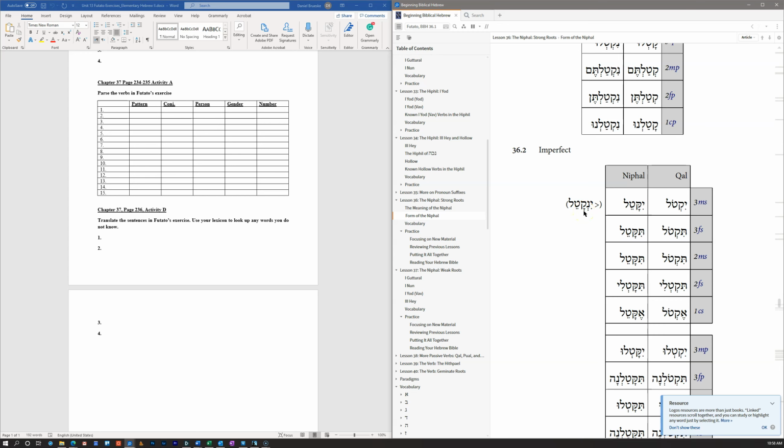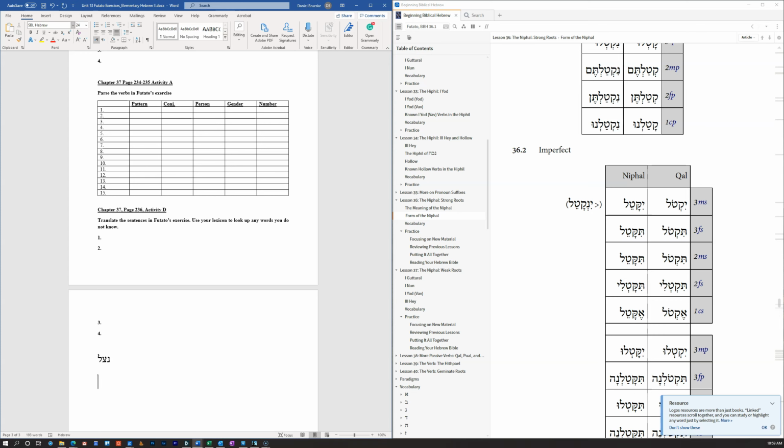So if you were to see, let's say, natsal here, let me just type that out over here. Go bigger. Go SBL Hebrew. Let me get my Hebrew keyboard out, and we'll go. I've got to find natsal, okay?